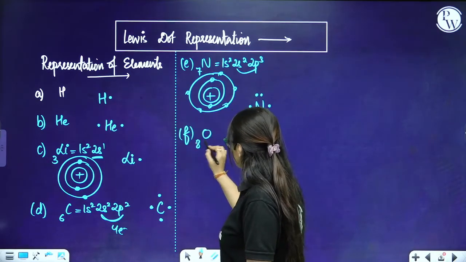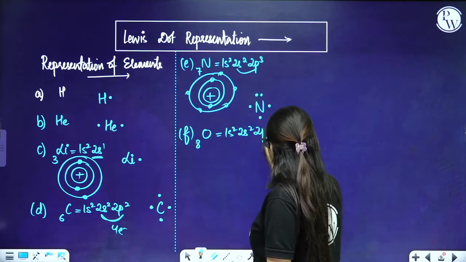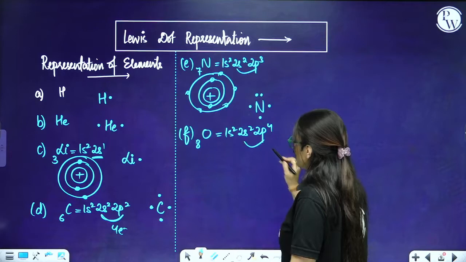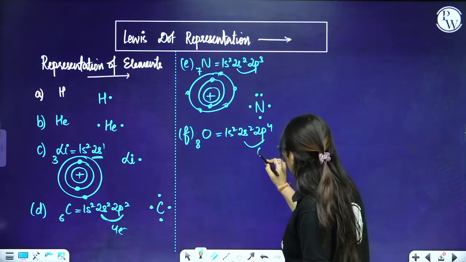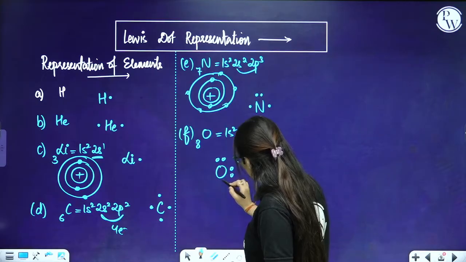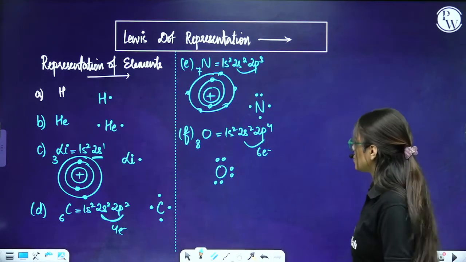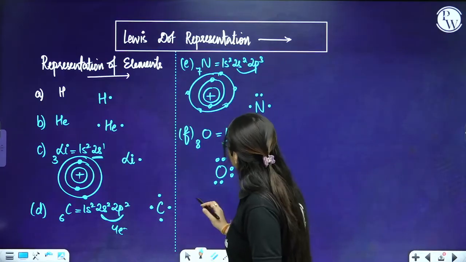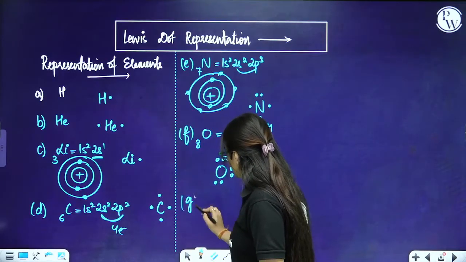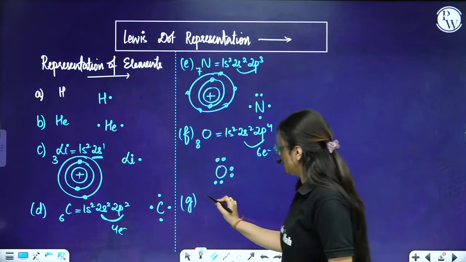Let us take a case of oxygen. Oxygen has atomic number 8. So it is 1s2, 2s2, 2p4. How many valence electrons? 2 plus 4 is 6. So oxygen is 1, 2, 3, 4, 5 and 6. Clear everyone? This is the way to represent the oxygen atom. Let us take the case of fluorine.